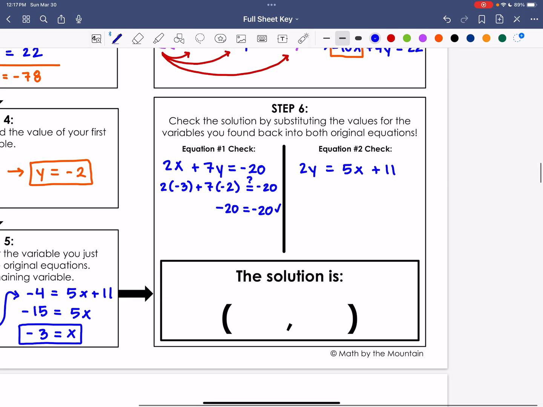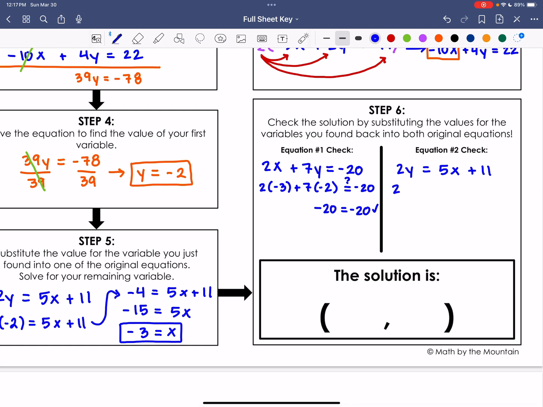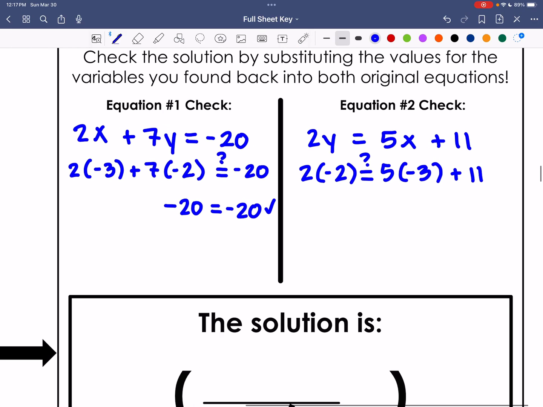And then doing our second equation, we're going to substitute -2 in, and we're just making sure that it'll equal the other side. Substituting -3 for x. All right, so our first side equals -4.